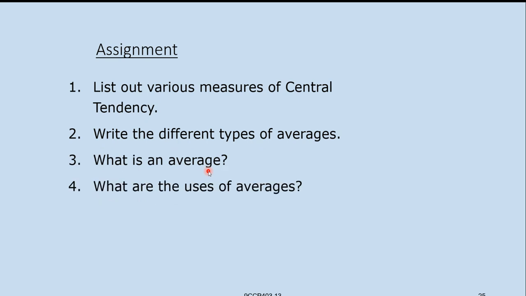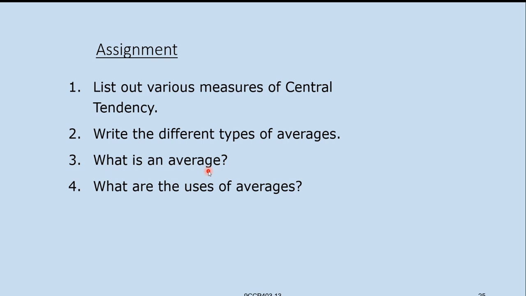Now we have an assignment for us. First one is to list out various measures of central tendency, that is arithmetic mean, harmonic mean, geometric mean, median, mode. All these are measures of central tendency. Write the different types of averages, which are the same as the measures of central tendency. And what is an average?